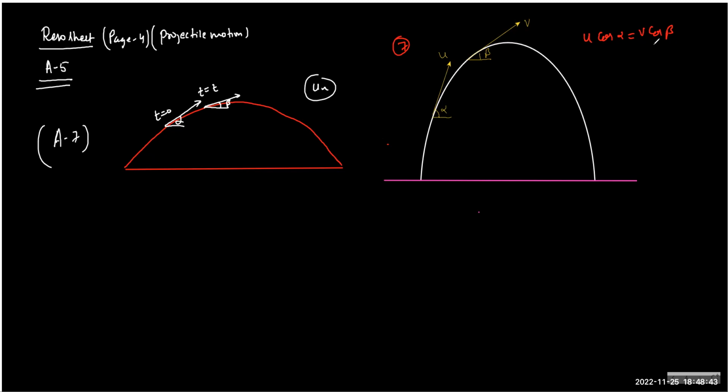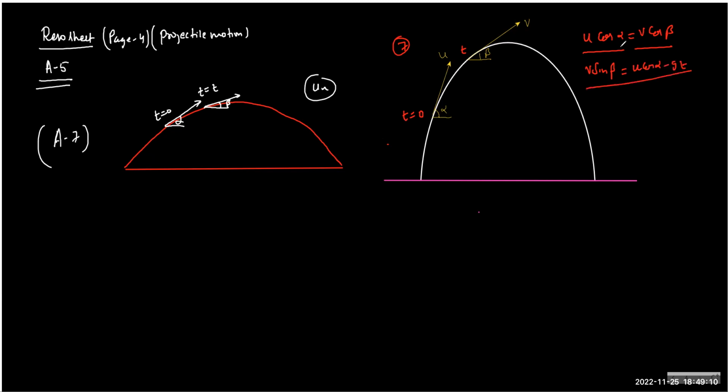Okay. What is the next part? The horizontal component always remains the same. The time gap is given. If this is 0 time, this is t time. So we can write the vertical relation, vertical component will change. So v sin beta, which is the vy, is equal to u sin alpha minus gt.